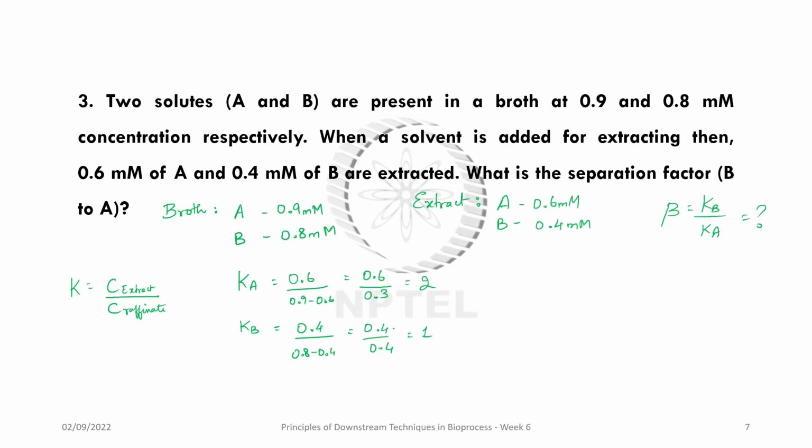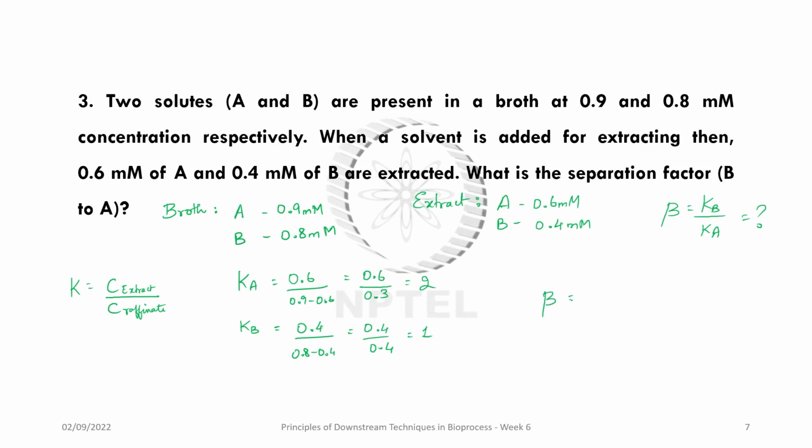Correct? Now please note here that I'm assuming they have the same flow rates. That is why I'm able to subtract in this region. Correct? If their volumes are different, I cannot, of course it's not in gram, it's in millimolar, so it's a concentration term. So you don't really have to worry about the flow rates, right?